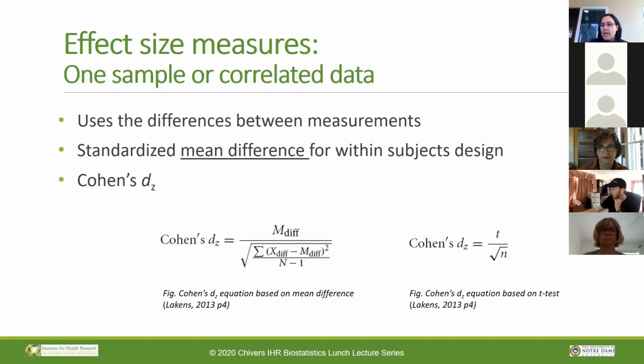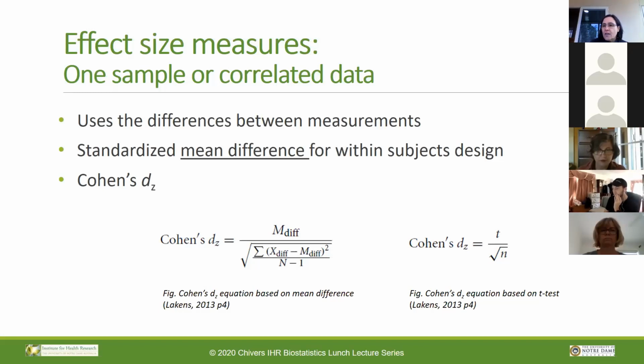There might also be times when you do a comparison in one sample, or there are correlated or repeated measures, and then a slightly different formula is used to calculate. It's still called Cohen's d. It's denoted by a Z instead of the S that we saw before, and it uses standardised mean differences for within-subjects designs.